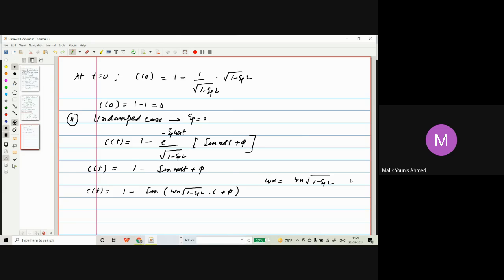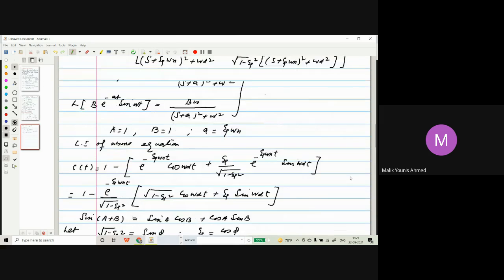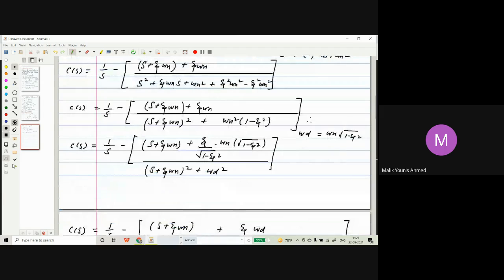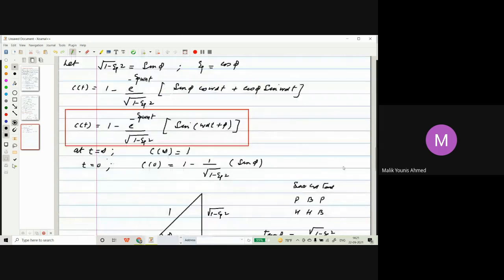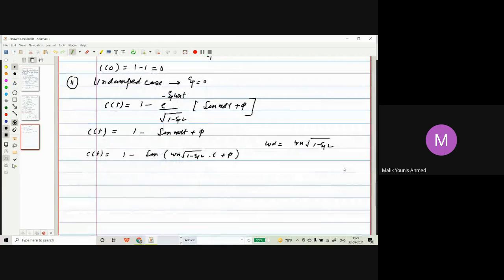For the sake of simplification, I'm repeating here. But xi was 0 here, so in this case, omega n into 0 into t plus phi.